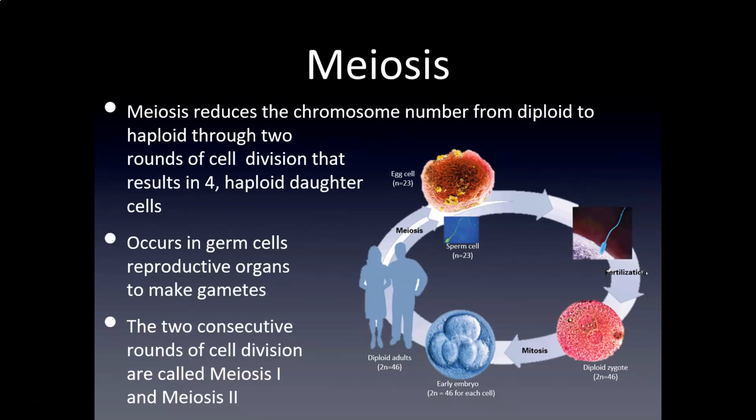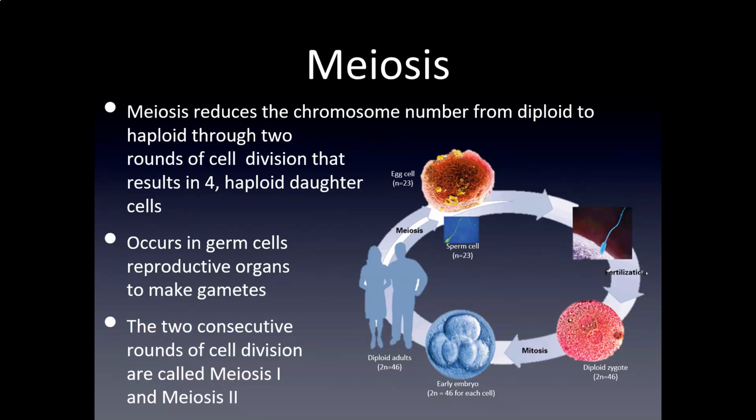They're haploid cells, right? And that way, when we come back together via fertilization and we create that diploid zygote again, which eventually becomes the embryo and the baby and the next generation of adults, we're consistently keeping the chromosome number the same, right? We're conserving that chromosome number is a way to put it.